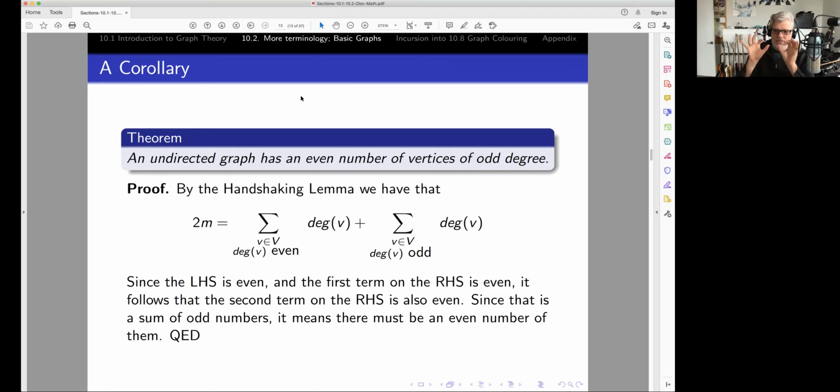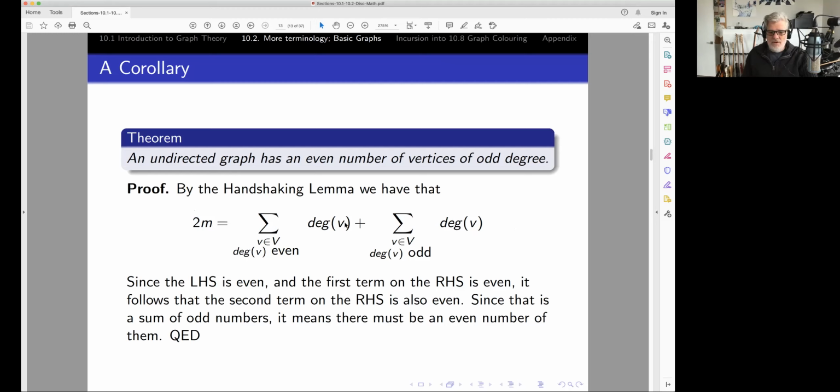Now split up this sum of all degrees into two parts: the sum of the even degrees and the sum of the odd degrees. So there are three terms in this equality. The left-hand side is even, so the right-hand side has to be even.